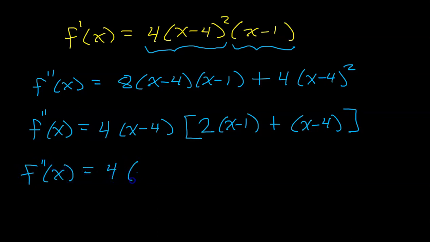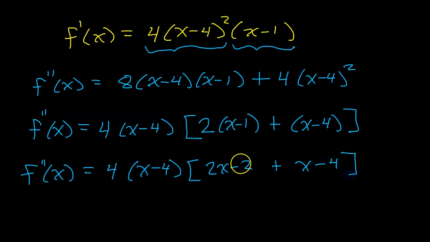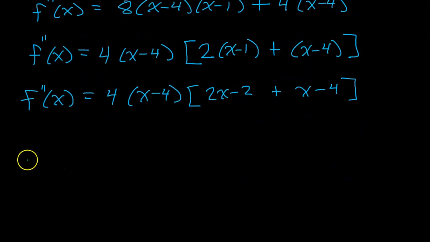So I'm just going to simplify this down. All right, so I have 4, I have x minus 4. So this is going to be 2x minus 2 plus x minus 4. All right, I guess I can stop using brackets now that I don't have that mixture of parentheses and brackets. So I have 4 times x minus 4.